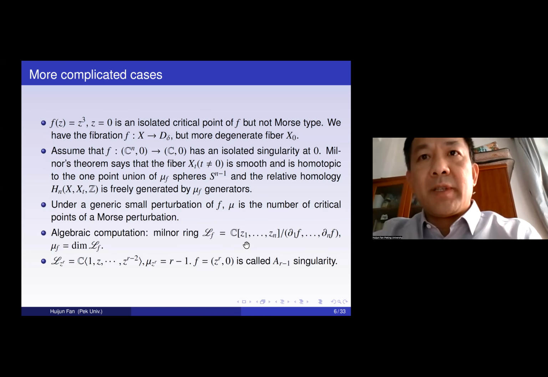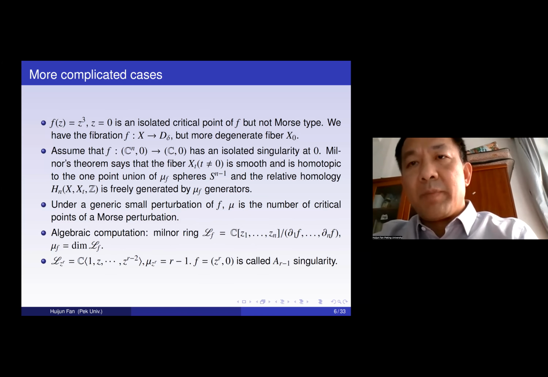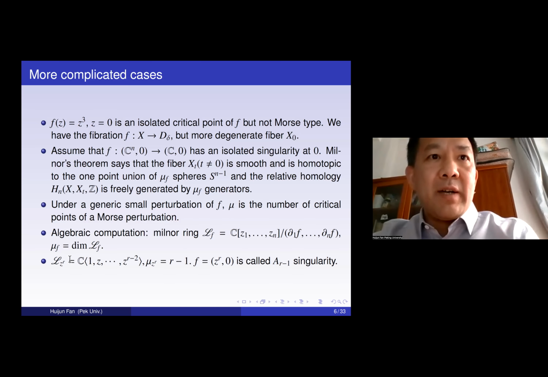So we take the coordinate ring modulo the Jacobian ideal of f, and then we get a finite dimensional C-vector space. So mu_f is the dimension of this Milnor ring. For example, we can consider the A_r singularity. The Milnor ring is generated by r-1 generators, and the Milnor number is r-1. So this is a simple example.